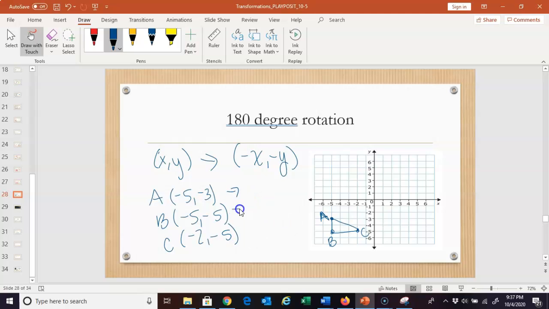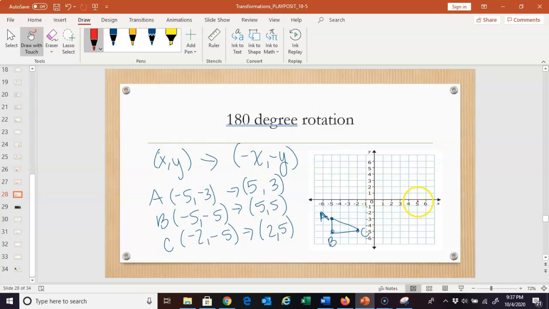So let's find the image and just make these coordinate points the opposite sign. So this negative means to make it opposite. So instead of -5, we're going to have 5 and 3. 5 and 5, 2 and 5.